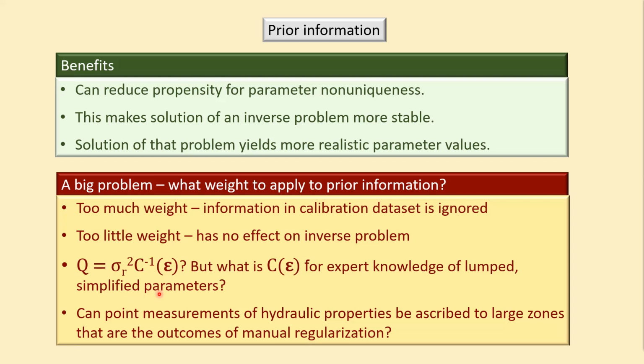What is the uncertainty of a point measurement applied to a large zone? These are difficult or almost impossible problems to resolve, and hence make incorporation of expert knowledge or point measurements of system properties in an inverse problem that relies on manual regularization very difficult.